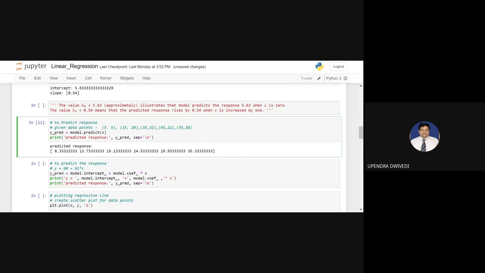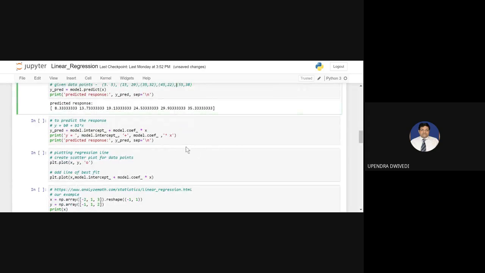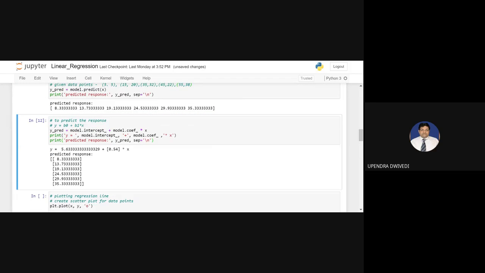So for the given data points, you have the observed values and these are the predicted values. There is a slight difference between these values, but they are close. Now we'll find the equation.